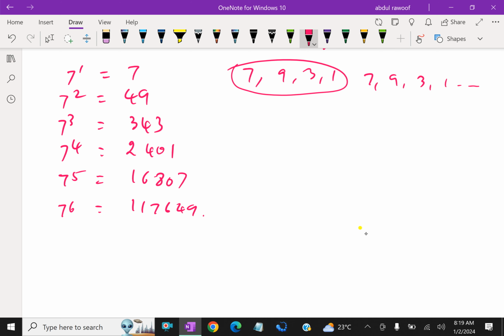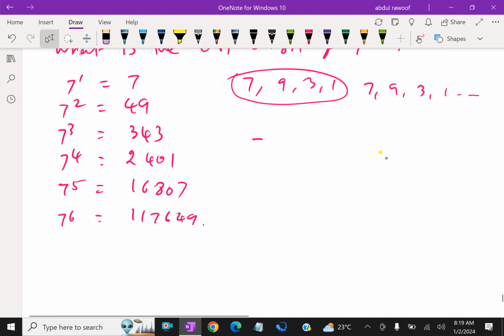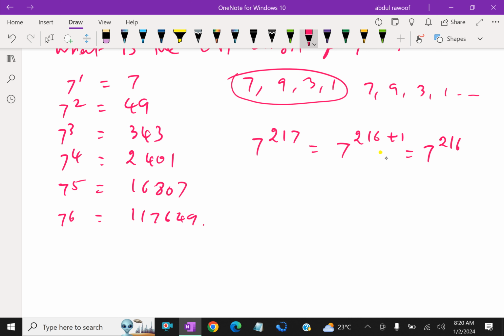But we have to find the last digit of 7 power 217. It can be expressed as 7 power 216 plus 1, that is 7 power 216 into 7.